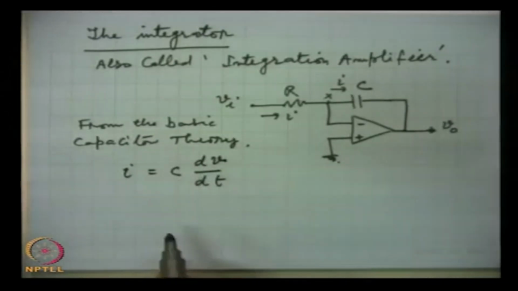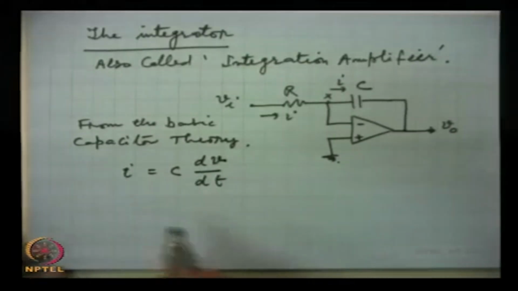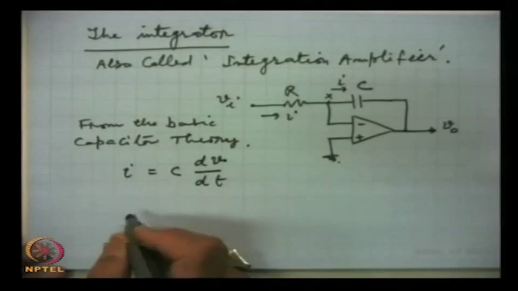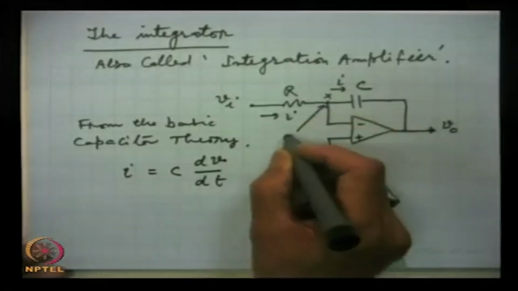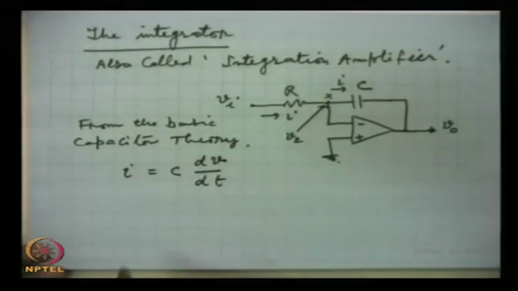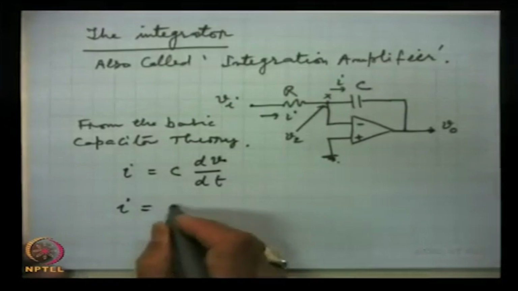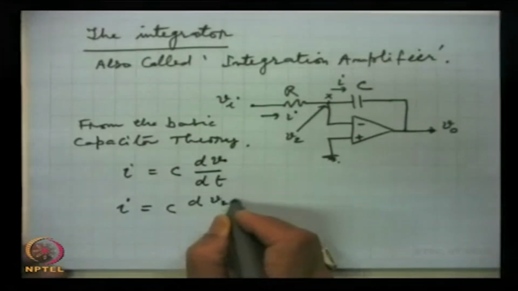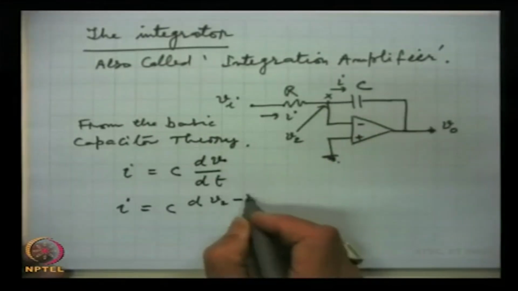Now, applying this equation in the present case, let us say, which of course this voltage is V2, which is 0 of course, but for the sake of the argument this is C into d(V2 minus V0), the two sides of the capacitor.